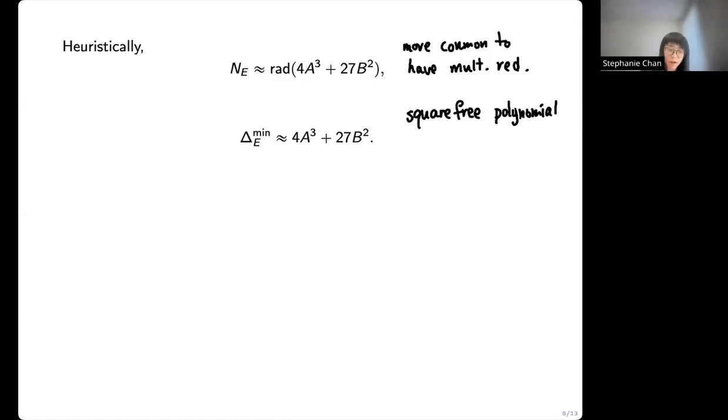It's square-free as a polynomial. So if the value it takes is random, then we should expect that the value is also almost square-free, at least usually.